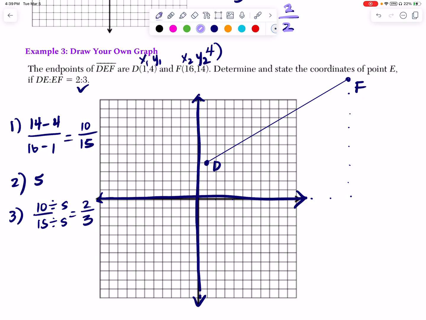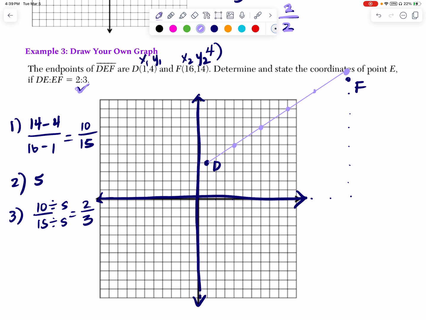So I'm going to go up 2 over 3, up 2 over 3, up 2 over 3. My graph is slightly off because it should be on the same chart. And up 2 over 3. If I keep going, there should be 5 sections, 1, 2, 3, 4, 5, because 2 plus 3 is 5.